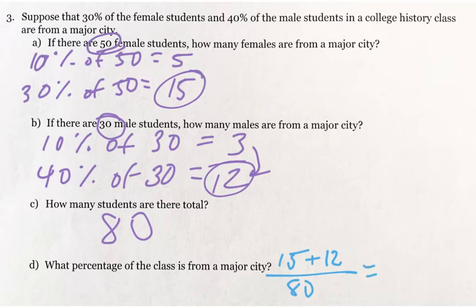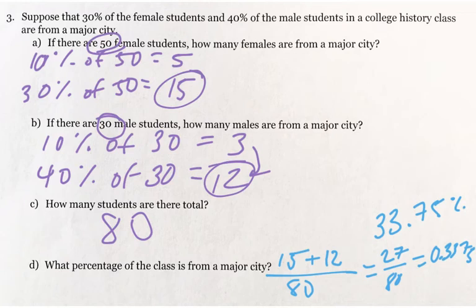That will give me a decimal answer, so I get 27 divided by 80, and we get 0.3375. And changing that to a percentage, we just multiply it by 100, which would give us 33.75% of the students are from a major city.